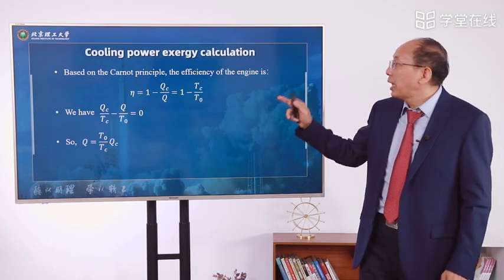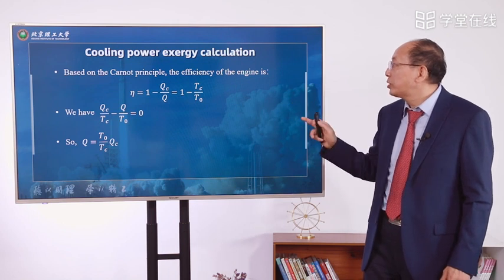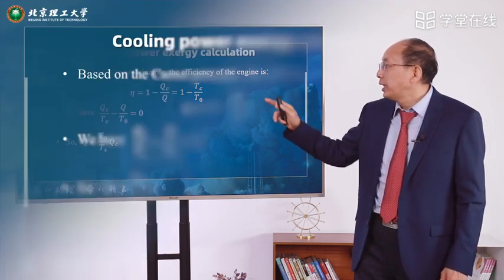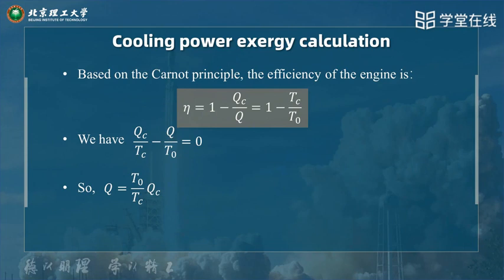Based on the Carnot principle, the efficiency of the engine is η equals 1 minus Qc over Q equals 1 minus Tc over T0. Because the engine is reversible, there is no entropy generation, so Qc over Tc minus Q over T0 certainly is 0.